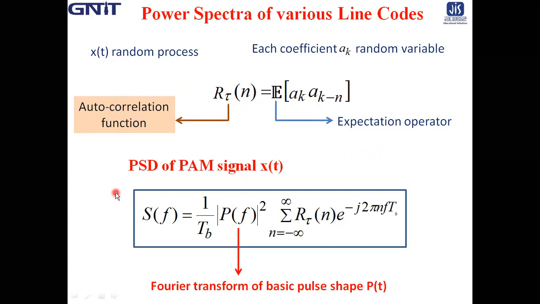Therefore, the power spectral density of the PAM signal x(t) is denoted as S(f), which is 1 by T_b mod of P(f) square, summation over n equal to minus infinity to plus infinity R_n(tau) e to the power minus j 2 pi n f T_b, where P(f) is the Fourier transform of the basic pulse shape p(t).